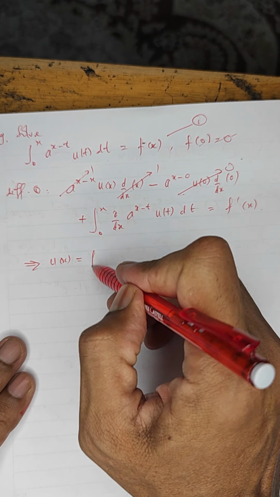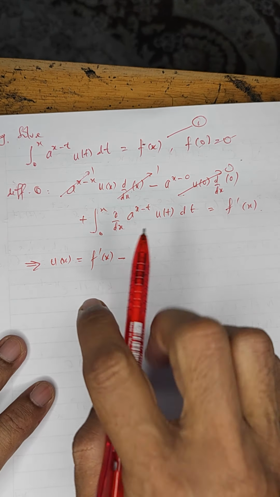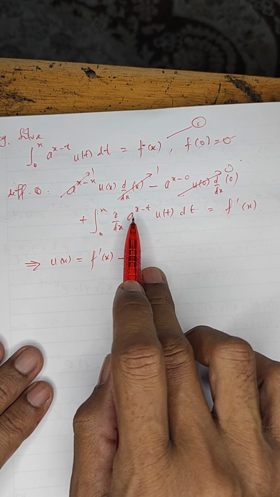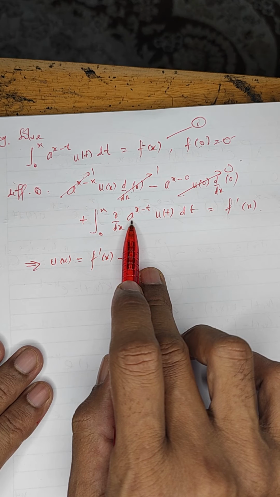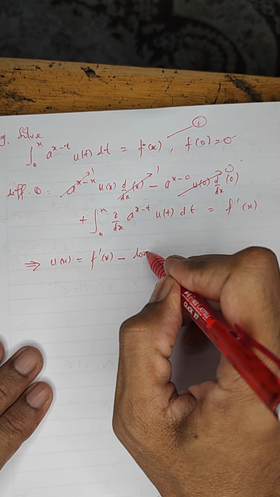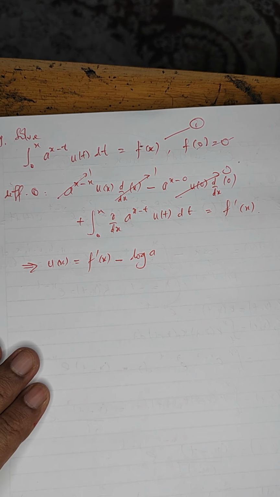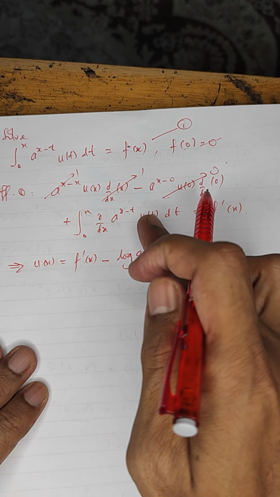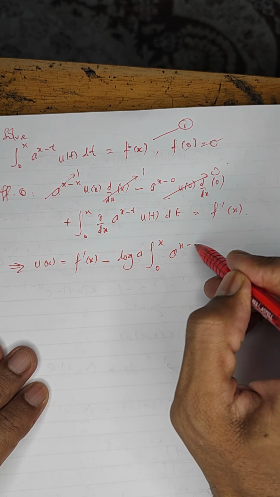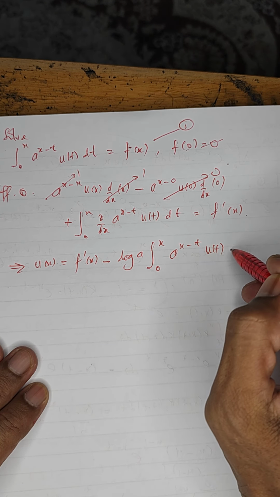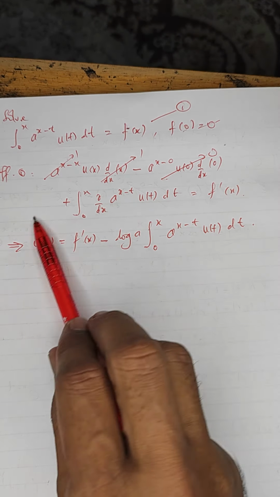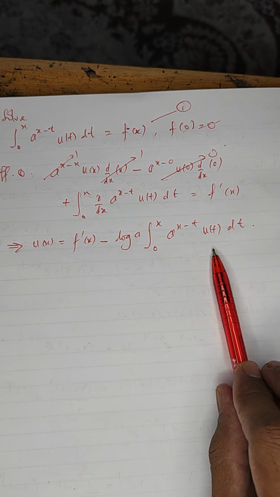So we have u(x) equal to f prime of x minus, differentiating this, you have log of a, with base e, ln a, times the integral from 0 to x of a^(x-t) u(t) dt. Now you have the non-homogeneous Volterra integral equation of the second kind.